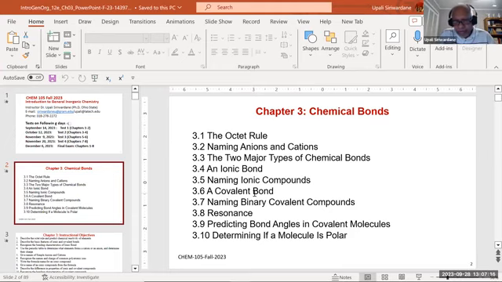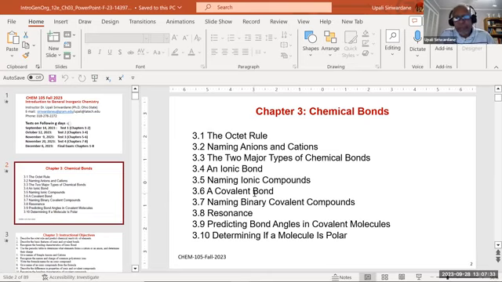We also talked about naming binary covalent compounds. How you name binary covalent compounds. For example, CO2 is carbon dioxide. You use prefixes.